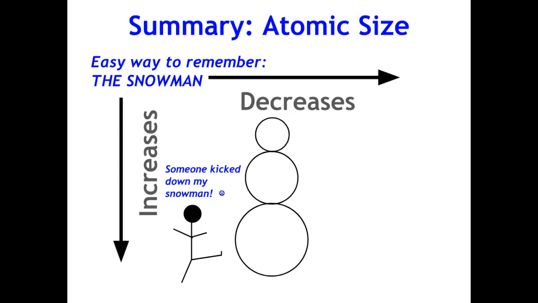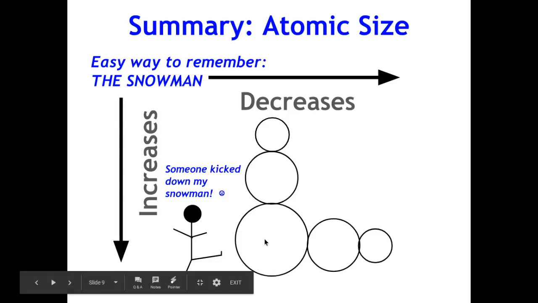Someone kicked down my snowman. So this is a perfect way to remember atomic size. The top of the periodic table increases as you go down, and from left to right in the periodic table decreases as you go left to right. So big, medium, small. Good way to remember it.